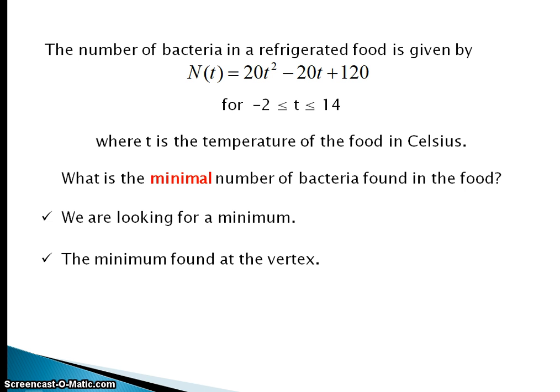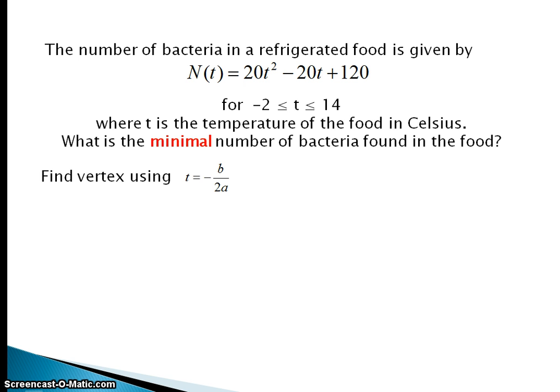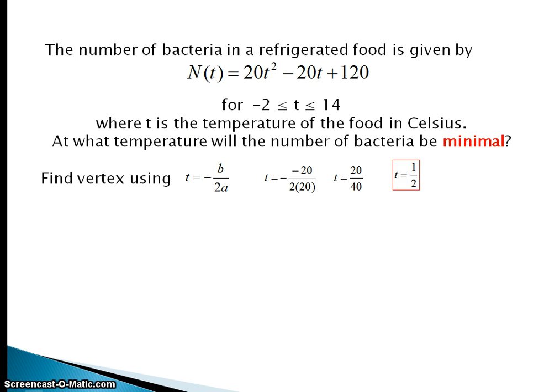And we know that the minimum is always found at the vertex. Okay, so we're going to go ahead and use our tried and true formula, negative b divided by 2a. Now in this case, b is negative 20 and a is positive 20.